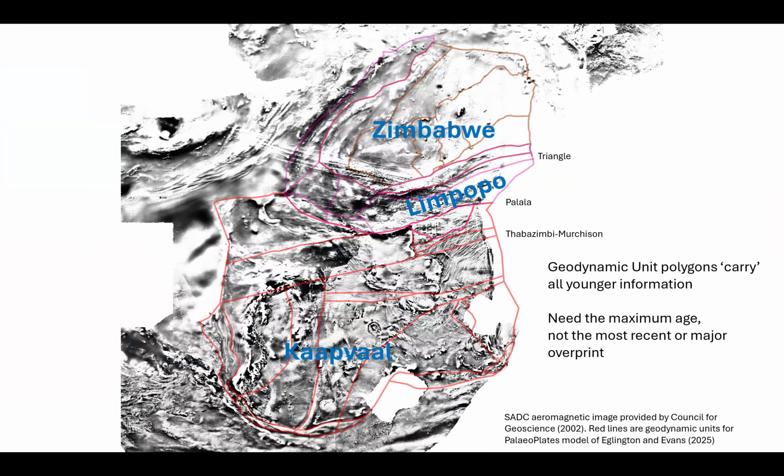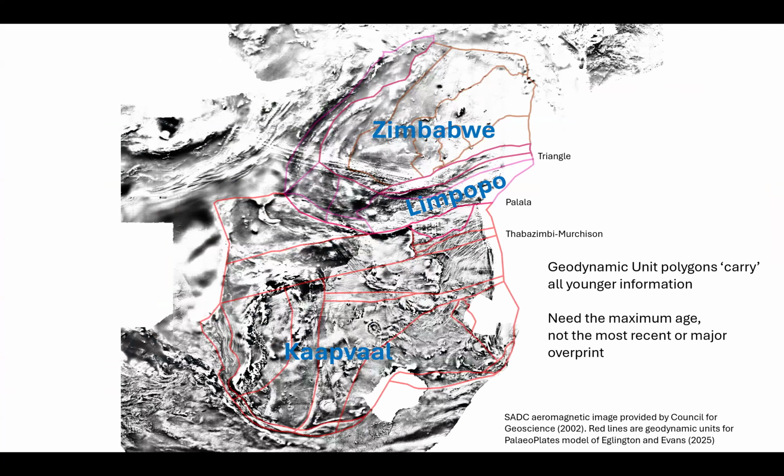It's important to define those blocks as best possible based on the geology. And that means one takes geological maps, geophysical data, whatever is available to try and subdivide things.